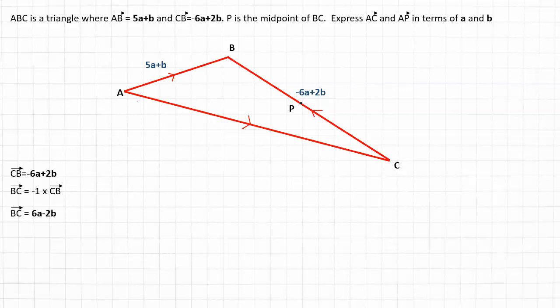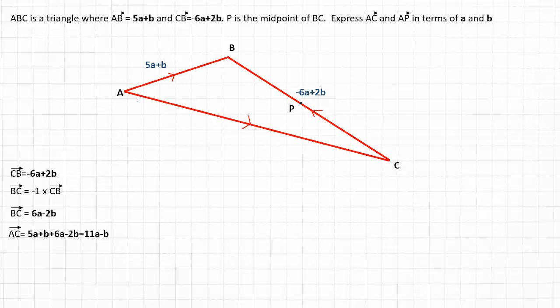We add this to AB, which is 5a plus b, and adding the a's, 5a plus 6a is 11a, and adding the b's, b minus 2b gives you minus b. So the answer is 11a minus b. We have used vector addition to solve the first part of the question.